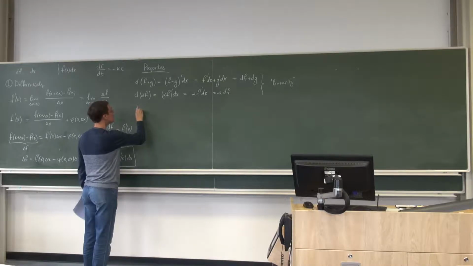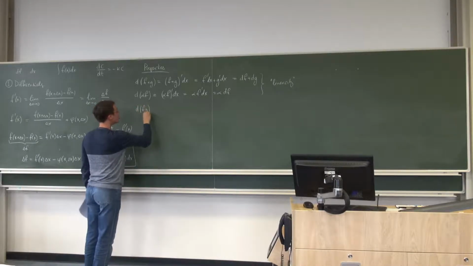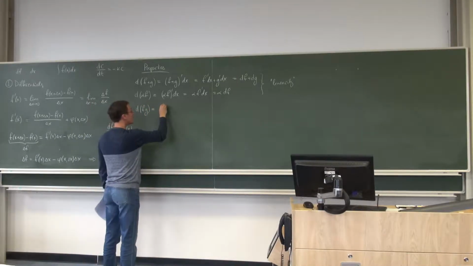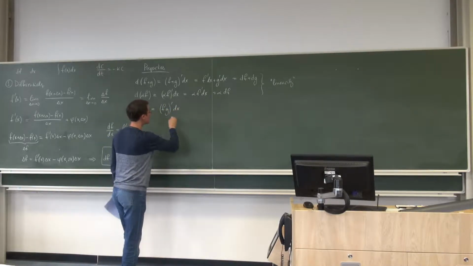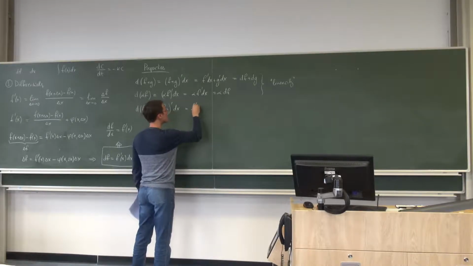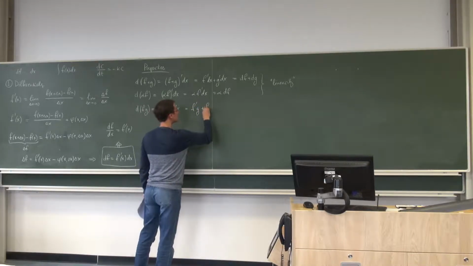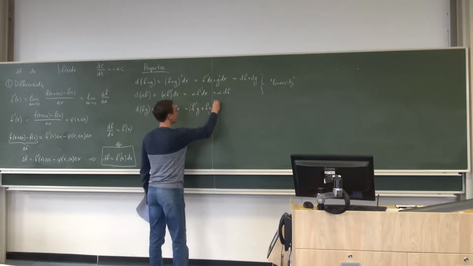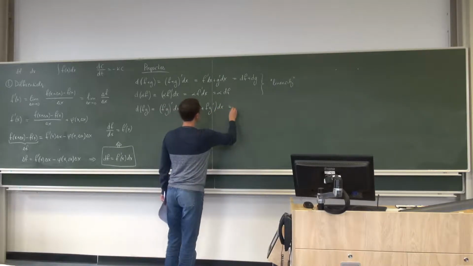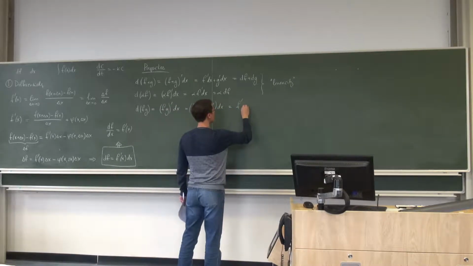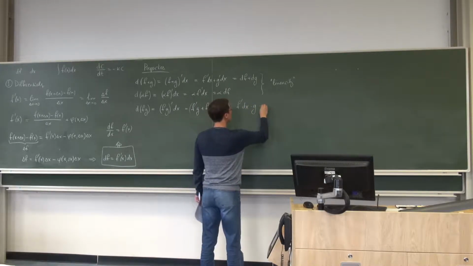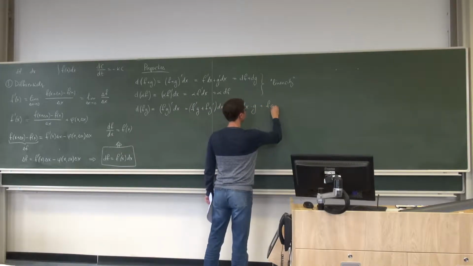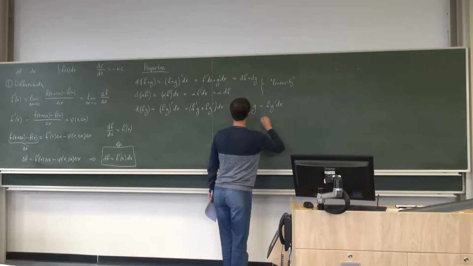So we'll have d(fg), and that is (fg) prime dx. But (fg) prime we know is f prime g plus f g prime, so that is f prime dx times g plus f g prime dx.